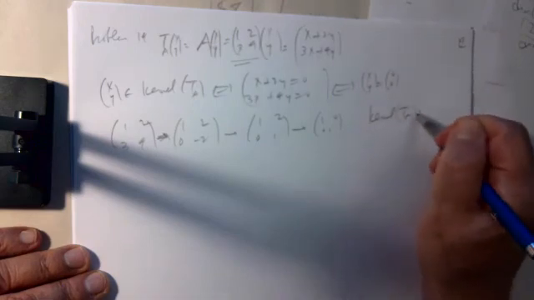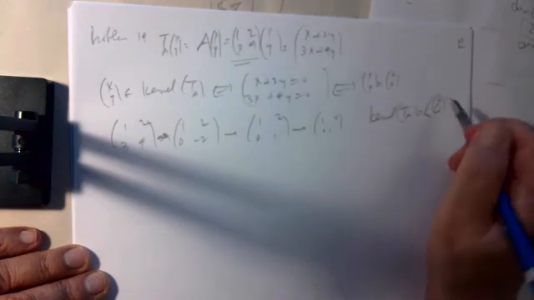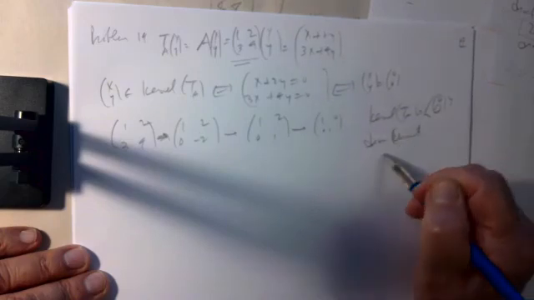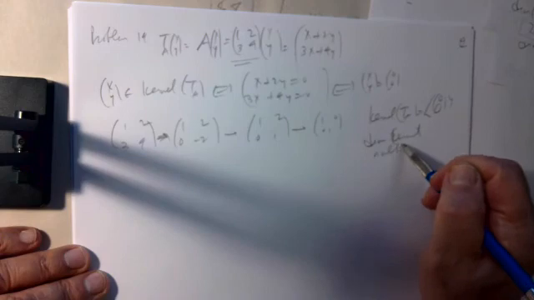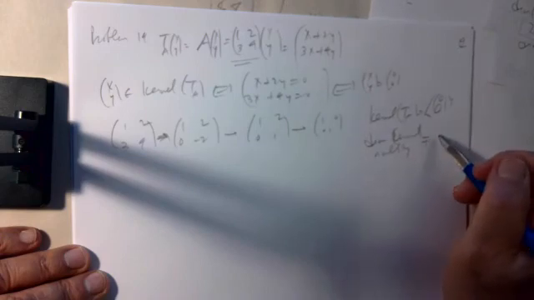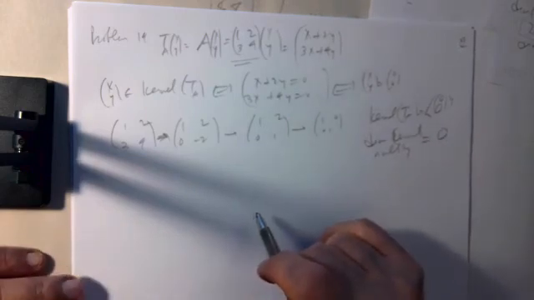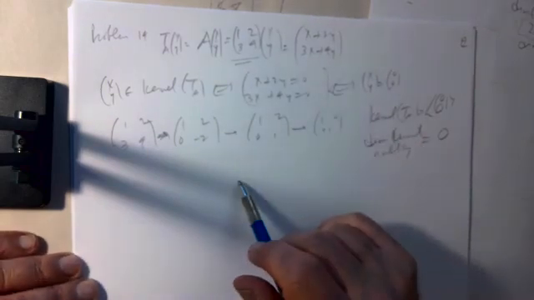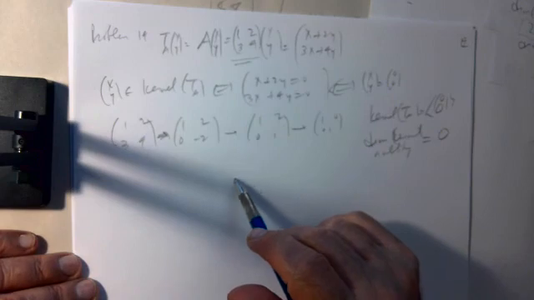So the kernel is just the 0 vector. And the dimension of the kernel, which is the nullity, is 0. The dimension of the trivial vector space consisting only of the 0 vector is always defined to be 0.